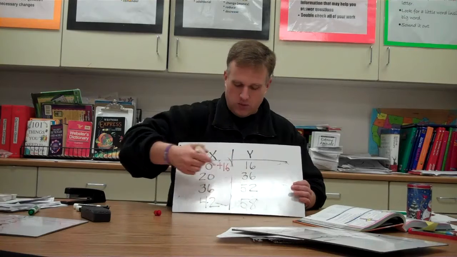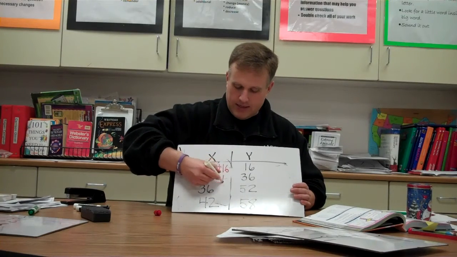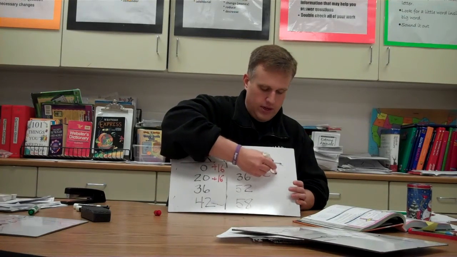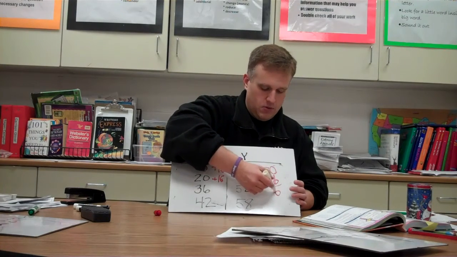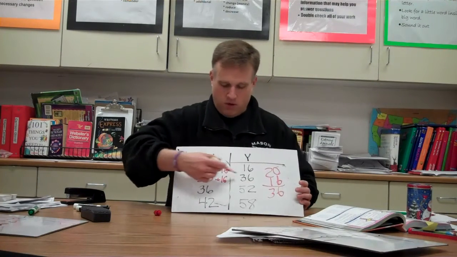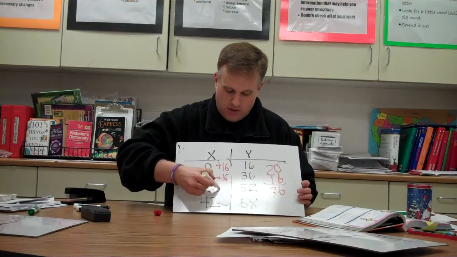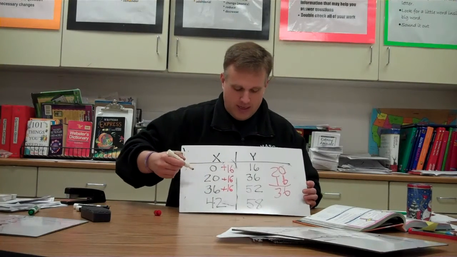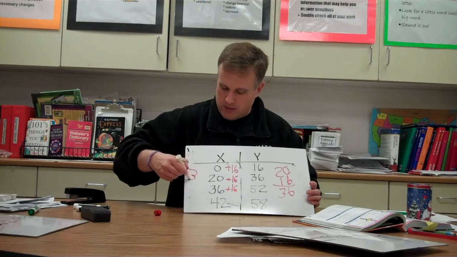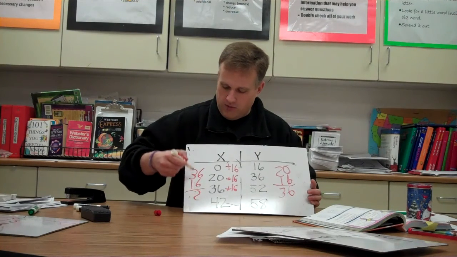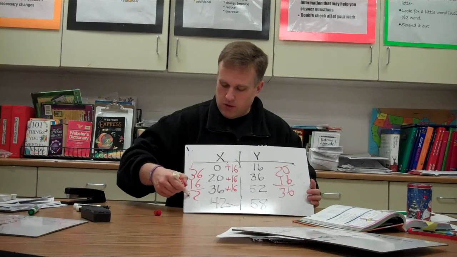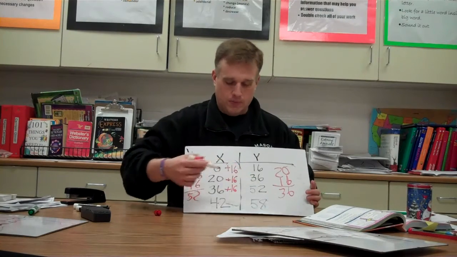Now let's see if it works for the next one. So 20 plus 16. If I have 20 plus 16, 6 plus 0 is 6, 2 plus 1 is 3. Well, that works there. So I'll try for the next one. 36 plus 16. Okay, 6 plus 6 is 12. 3 plus 1 is 4, plus 1 is 5. It works there.